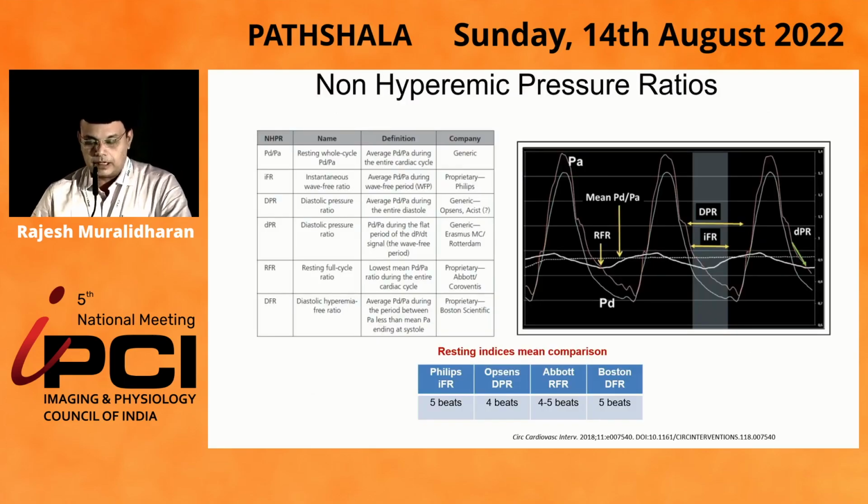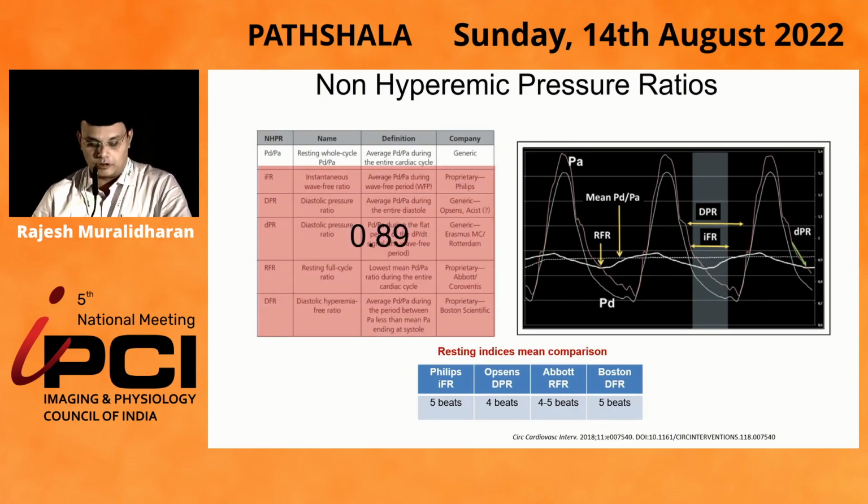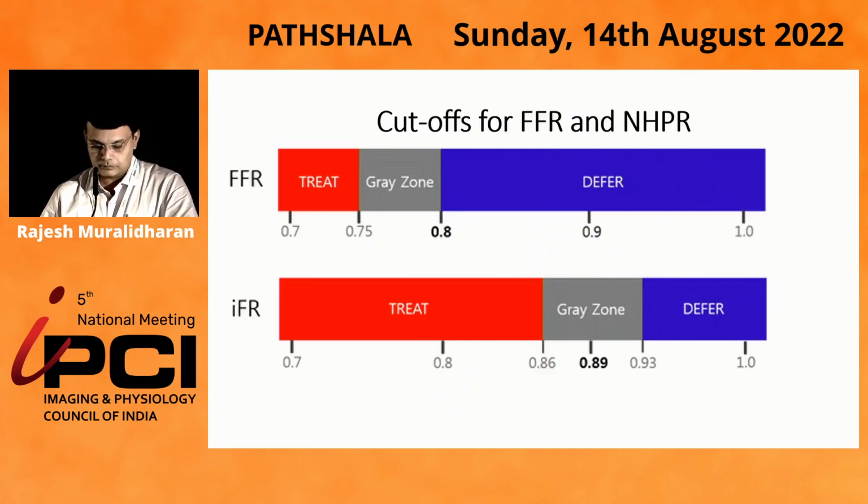Soon it became clear that there is no significant difference between the non-hyperemic pressure ratios, provided you use the right software depending on the definition of the non-hyperemic pressure ratio. All of them have the same cutoff value of 0.89. So we now have two cutoffs, 0.8 and 0.89. And we have the gray zone of 0.75 to 0.8 for FFR, and for the non-hyperemic pressure ratios, probably 0.86 to 0.93.